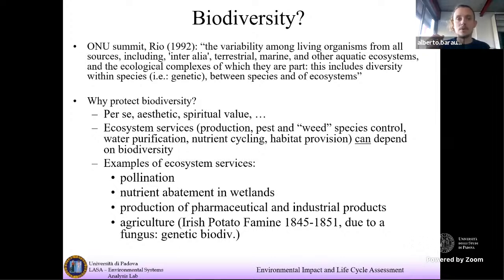The sea, you don't need to plant seeds to collect fish. You just go out and fish. So it's a provision, as it is called, ecosystem service. Think of bees and other insects and their role in pollinating plants, upon which production we depend for our welfare, for our feeding, for example.